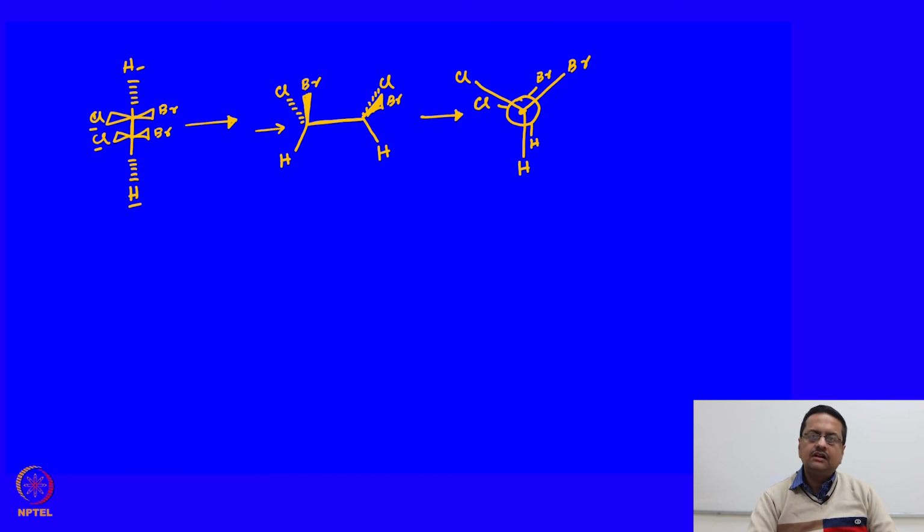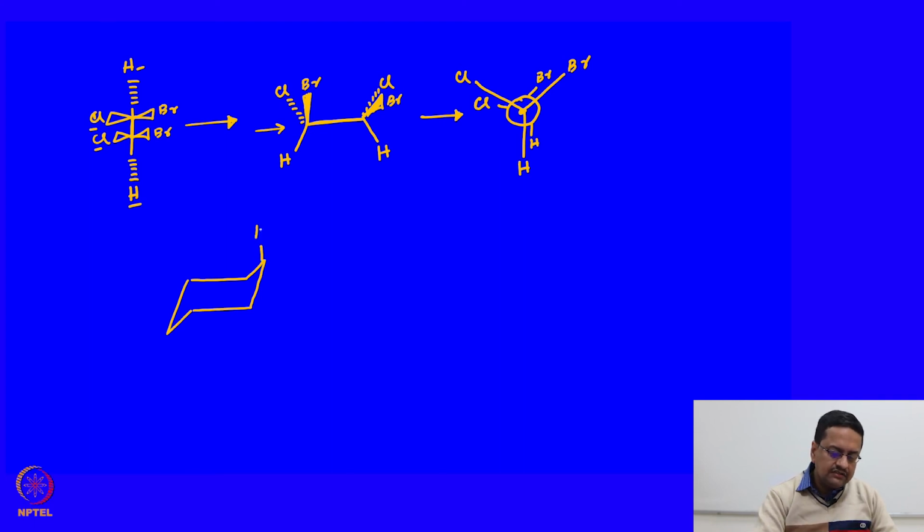As you have seen in one of the classes where we were discussing the conformation of cyclohexane, there we have also shown how cyclohexane can be drawn using Newman projection. I would just like to remind you about that in today's lecture. So, this is the chair conformation of cyclohexane. So, what we have, the hydrogens are drawn here.